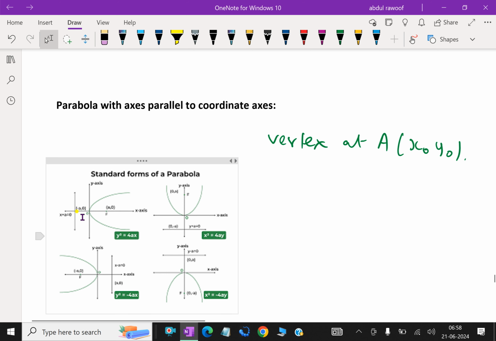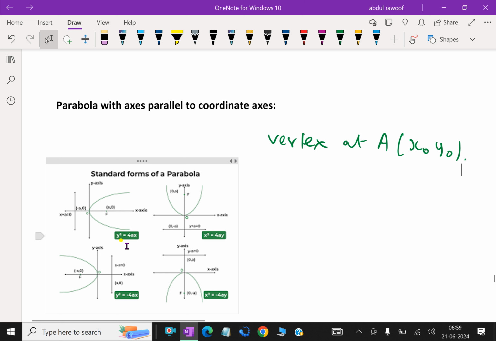The distance from A to the focus F is a, greater than 0, positive.